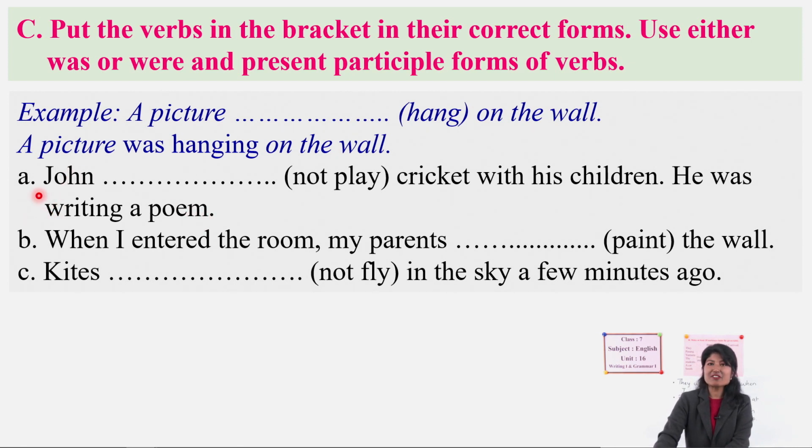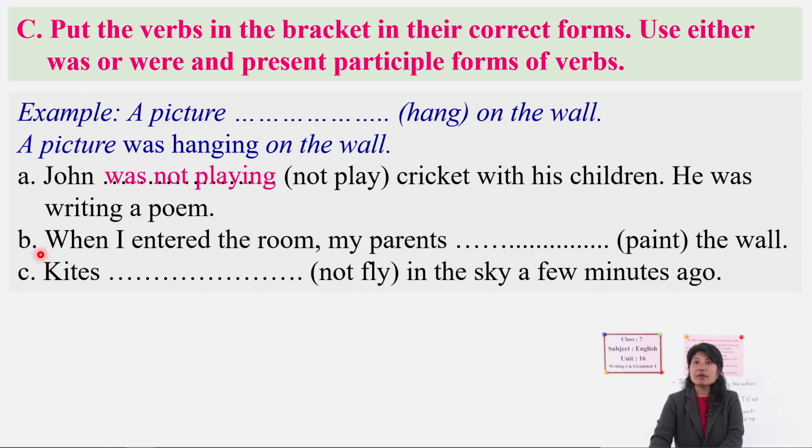So how can we complete this? John requires was and then not play. Was not playing. Is that correct? So you must have guessed correctly. Number B. When I entered the room, my parents were painting the wall. Number C. Kites were not flying.